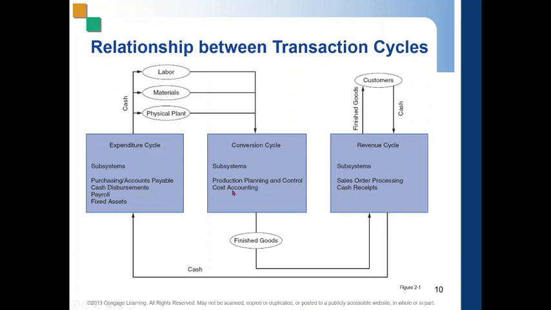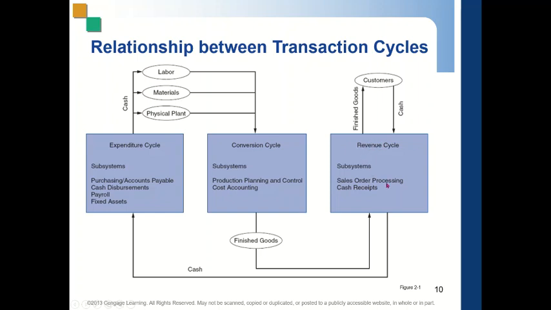So the conversion cycle will in fact be using all of this to produce a finished product that will ultimately then go into the revenue cycle, where we can now sell that finished product to customers to generate revenue for the company.